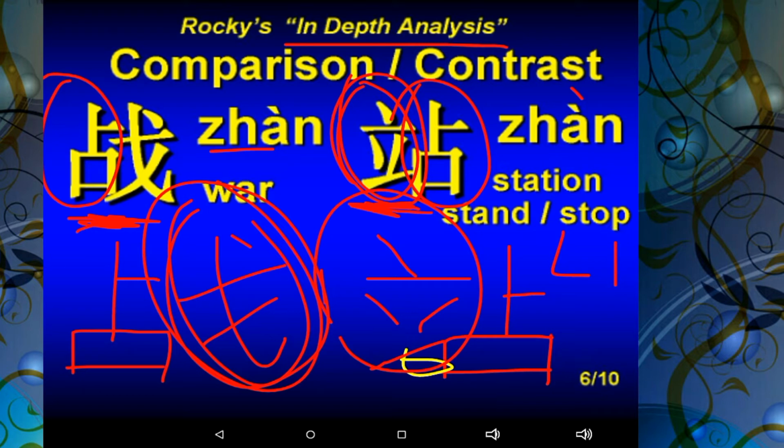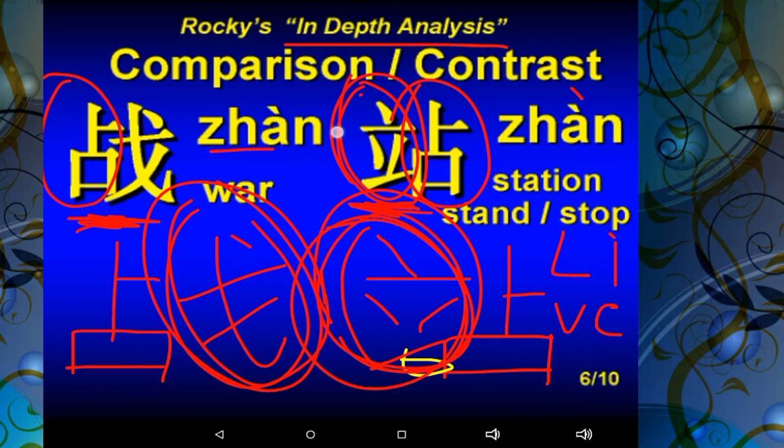Li means to stand or to set up or even to establish. Also, this particular character by itself is a very common character, okay? So that's the comparison and contrast of Zhan and Zhan.